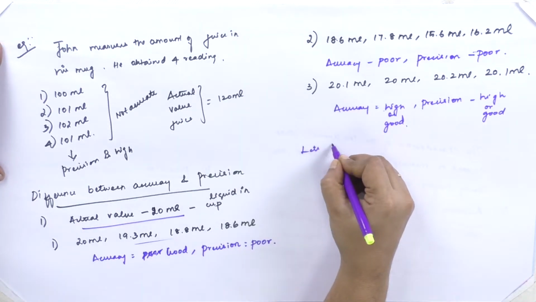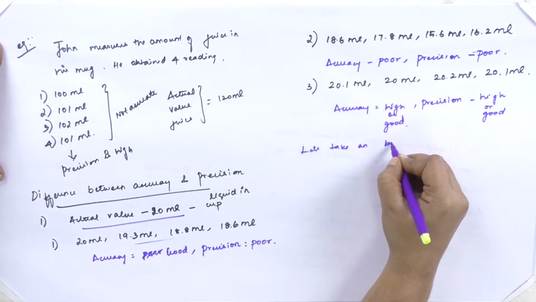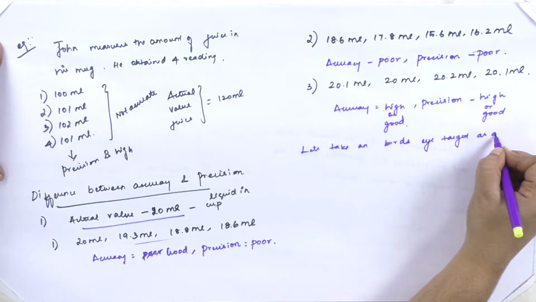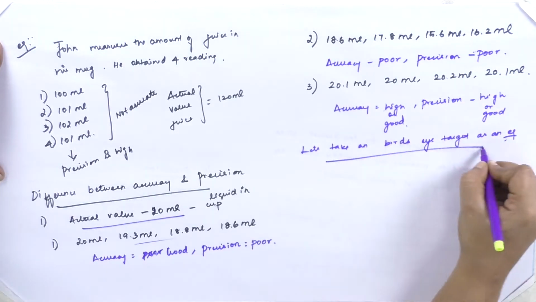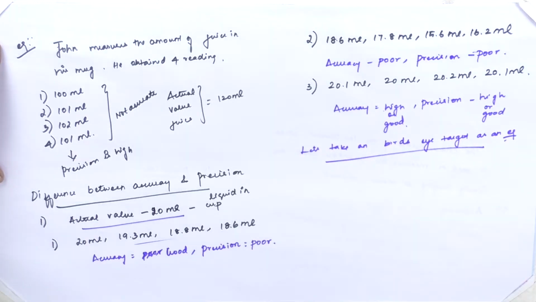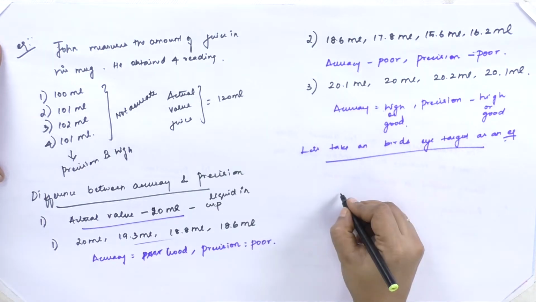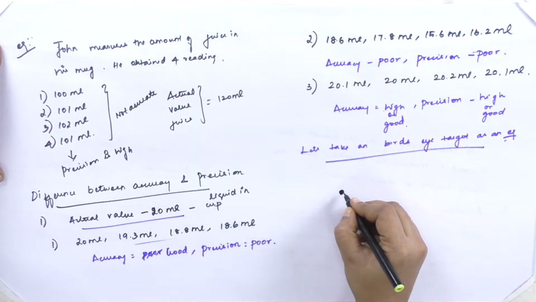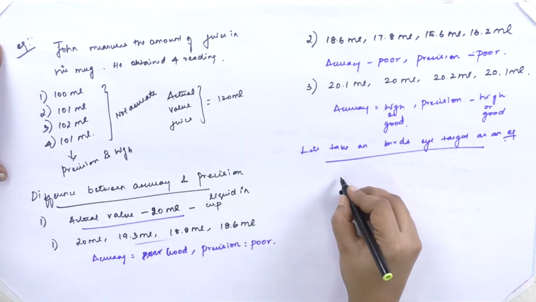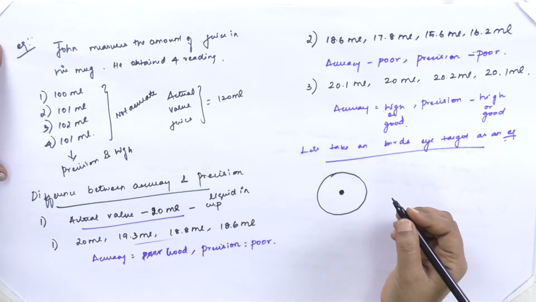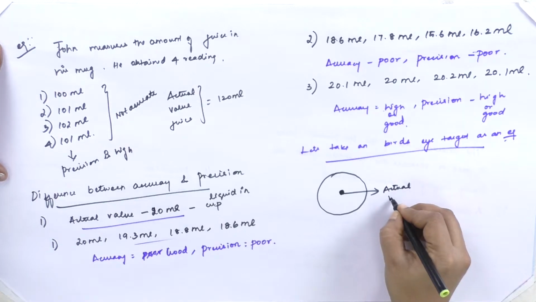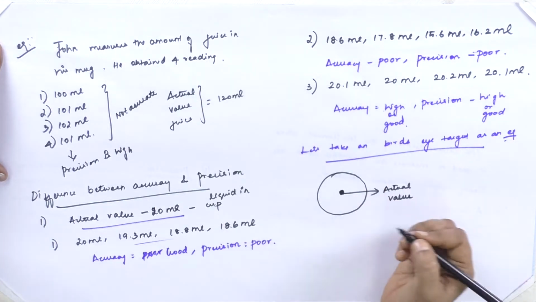Now let us take a bird's eye target as an example for accuracy and precision. In this, I am going to represent the inner circle, which is the actual value, and this one is the outer boundary.